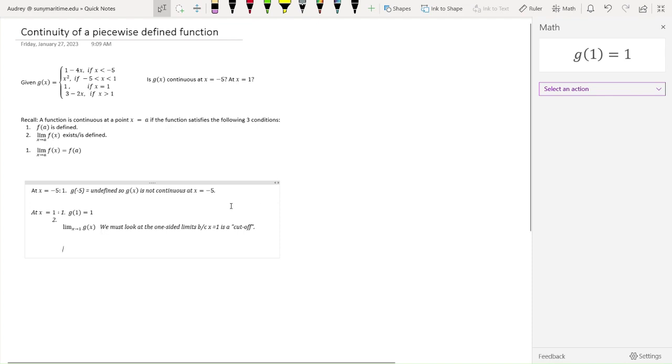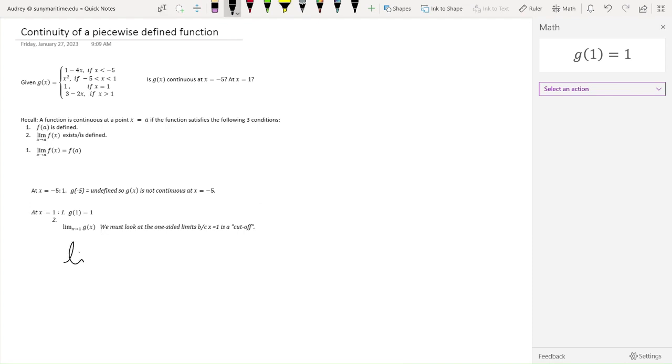So I'm going to look at the limit from the left of the function. That means you are coming from the left, means slightly less than 1.